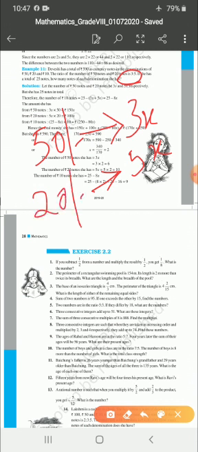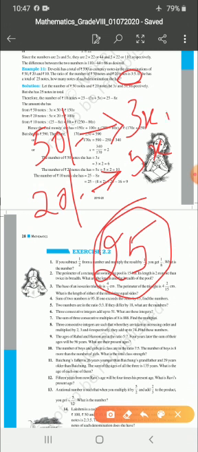Next, if she has a total of 25 notes, how many notes of each denomination does she have? This is the question. So the total is 25 notes. Of the 25 notes, we have already taken 50 rupee notes as 3x and 20 rupee notes as 5x. What will be the remaining 10 rupee notes?